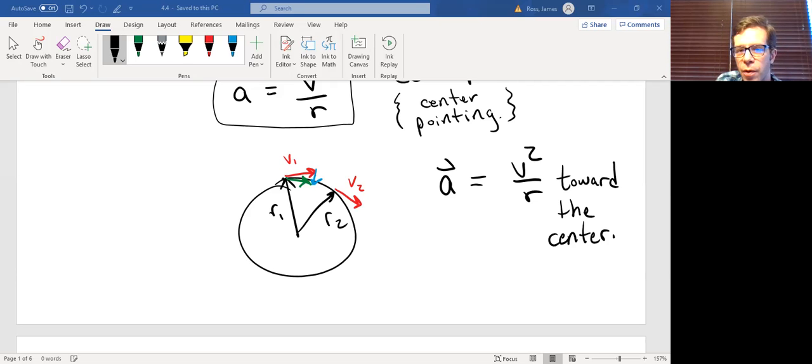And you could even get into a talk about inertial reference frames. We're not really ready to talk about that. Neither of these frames are accelerating, so all of our physics would hold in either reference frame.